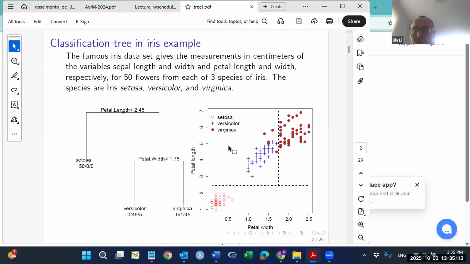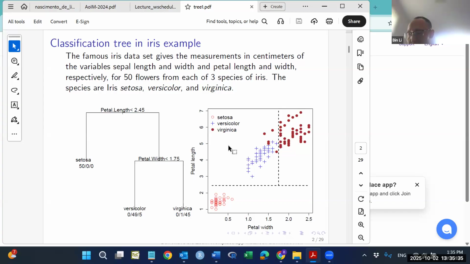This is a famous data set called the IRIS data set that gives the measurements in centimeters of 4 variables: the sepal length and width, and petal length and width, for 3 species of iris.